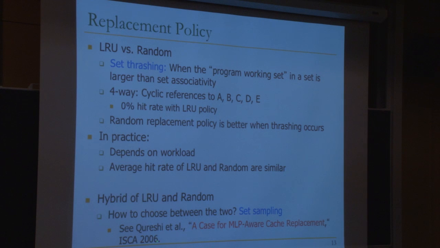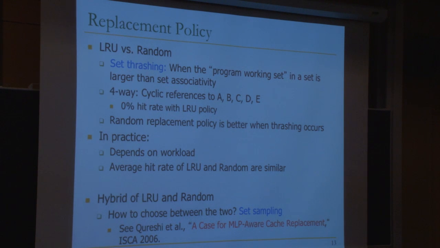This is a paper we had written a long time ago now. The idea is to dynamically detect which policy is performing better. Is it LRU? Is it random? And how do you do that? Well, sample the cache. For some sets, implement LRU. For some sets, implement random. Or emulate both policies in the same sets.